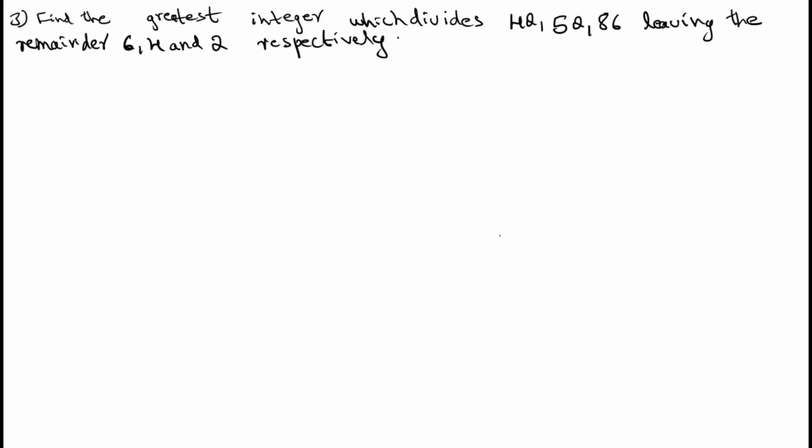See the next question: find the greatest integer which divides 42, 52 and 86, leaving the remainders 6, 4 and 2 respectively. I solved similar questions, right? Let H be the greatest number.